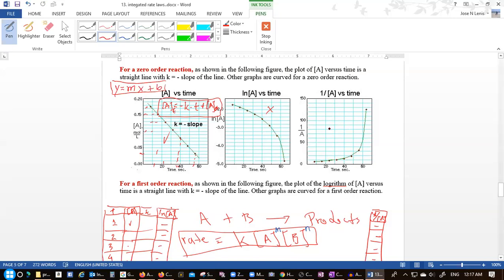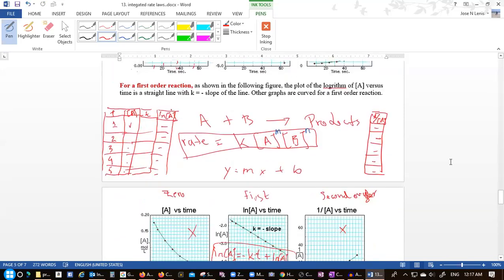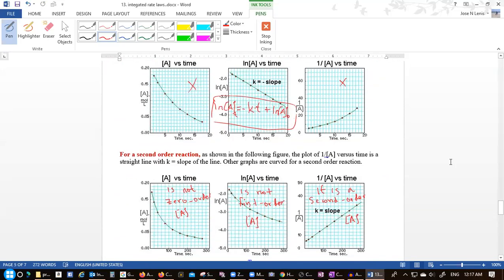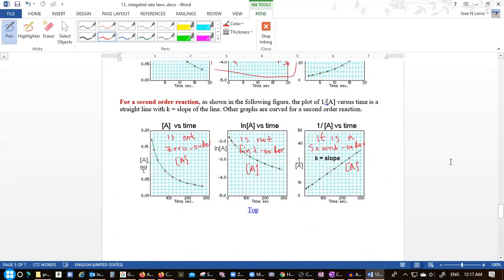Because the graph of 1 over concentration of A against time is not linear. So that's the analysis we can make here.